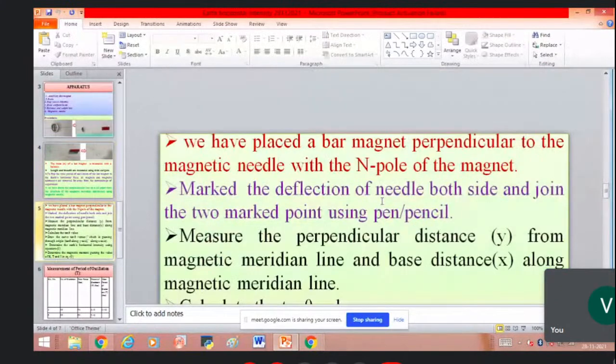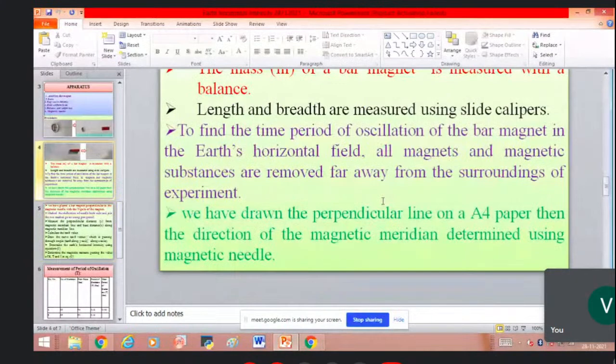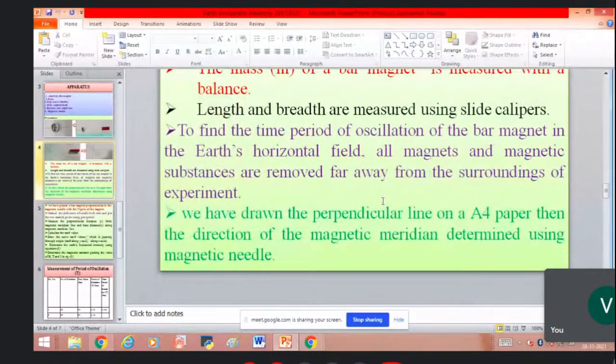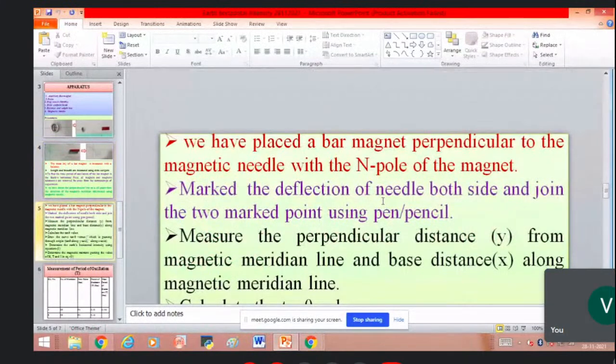If we move the bar magnet towards the needle, then there is a deflection in the needle, and we mark the deflection of the needle on both sides.